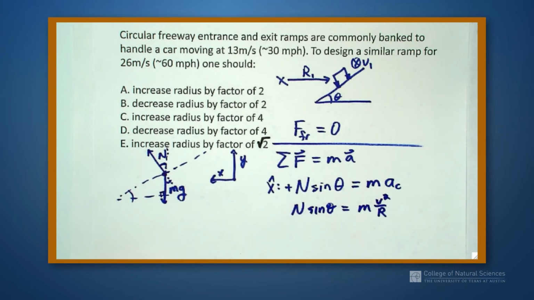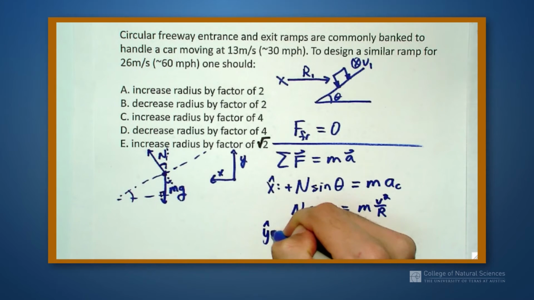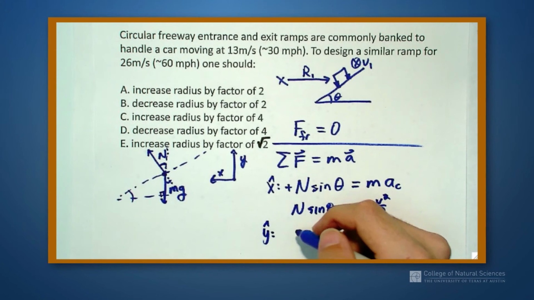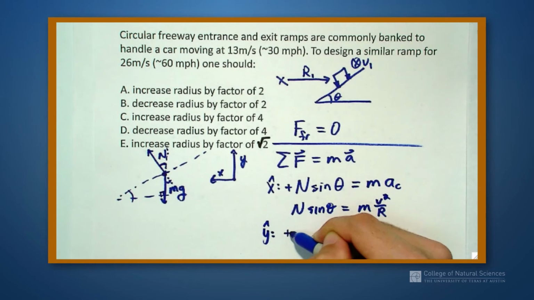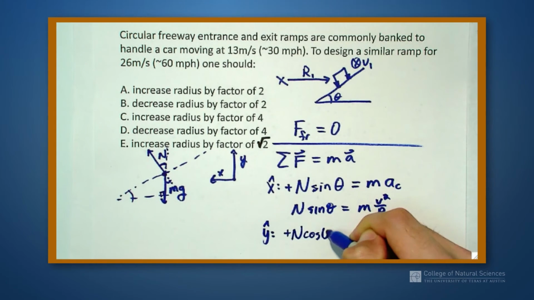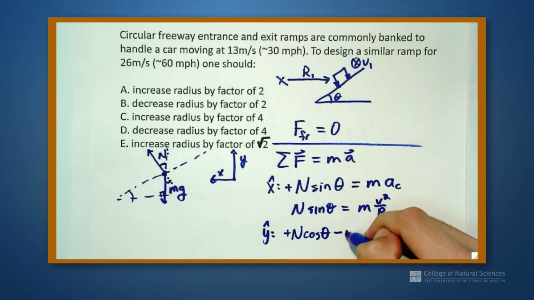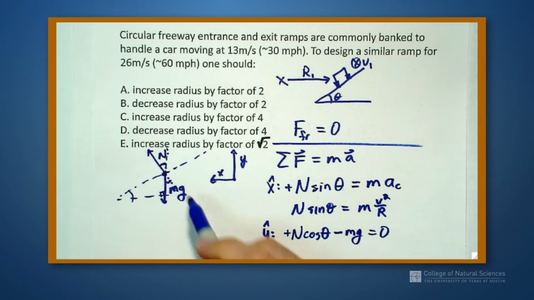The bad part is I don't know what n is. I want to know the relationship between v and r, but I don't know if I change r or v, if n is going to change. So I got to check to see what my n is. If I look in the vertical direction, I get that my normal force times the cosine of the angle minus the weight force gives me 0.